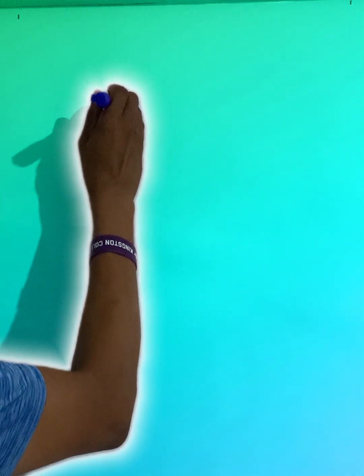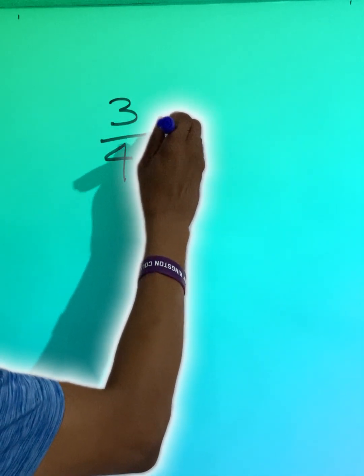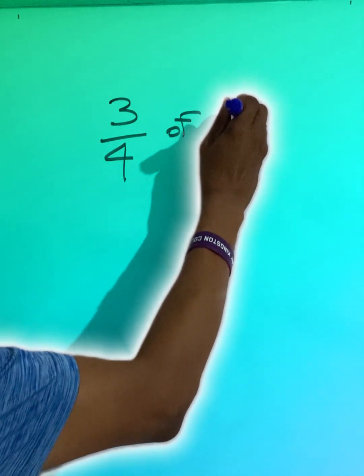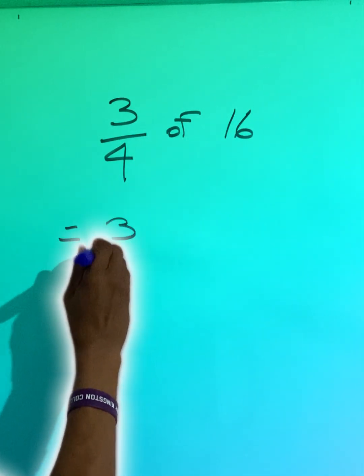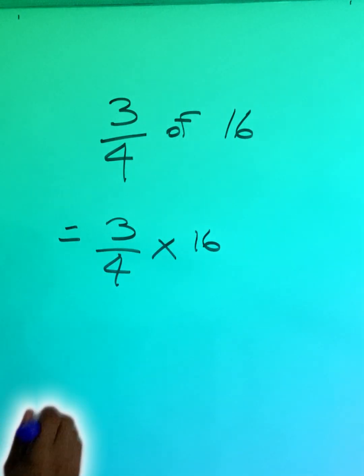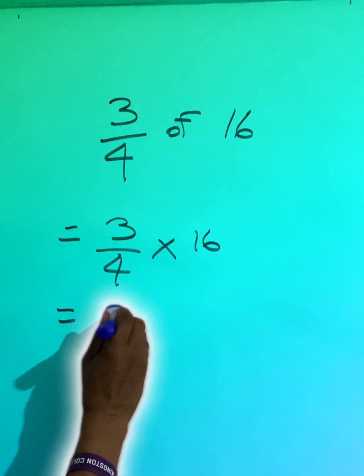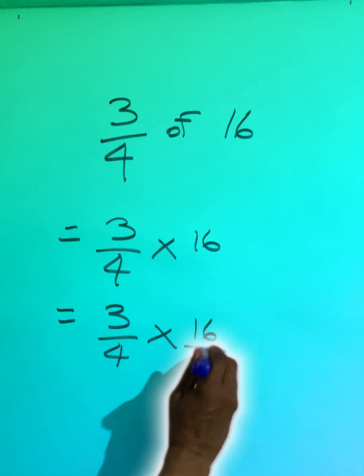If we ever see 3/4 of 16, all this is saying to us is 3/4 times 16, okay? Which is the same thing as 3/4 times 16 over 1.